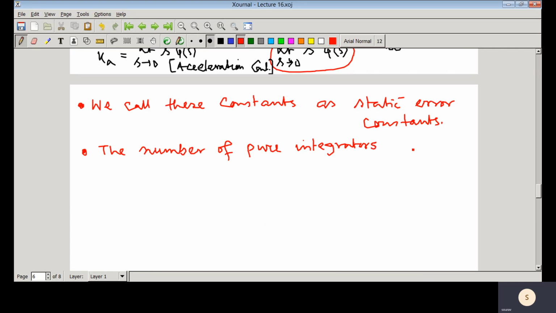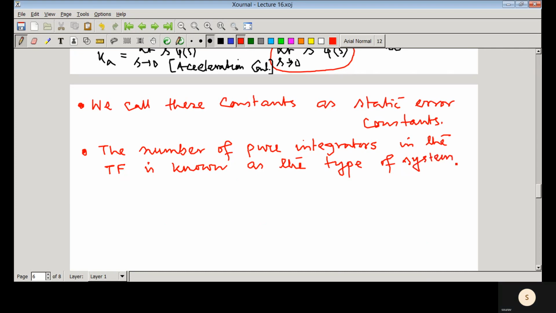So the number of pure integrators in the transfer function is known as the type of system. So this is very important.